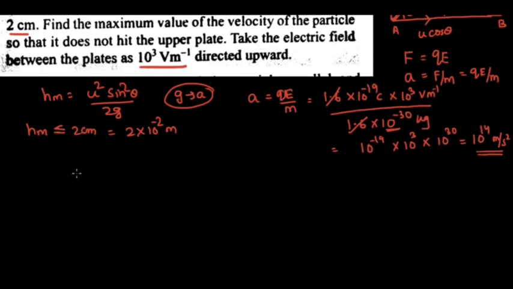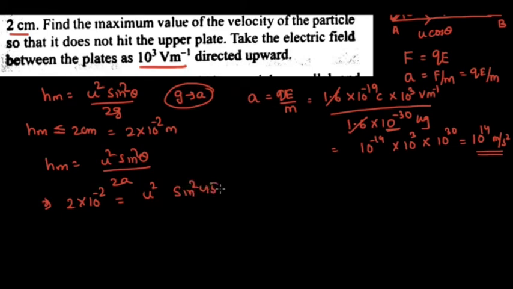So in this formula hm equal to u square sine square theta by 2g, just replace g with a. That implies hm is 2 into 10 to the power minus 2 meter, that is equal to u square, and sine square theta, where theta is 45 degrees, so it is sine square 45, divided by 2 into a, which is 10 to the power 14.